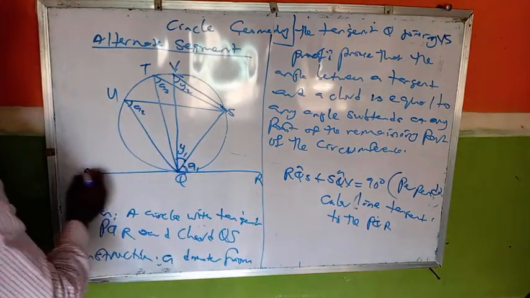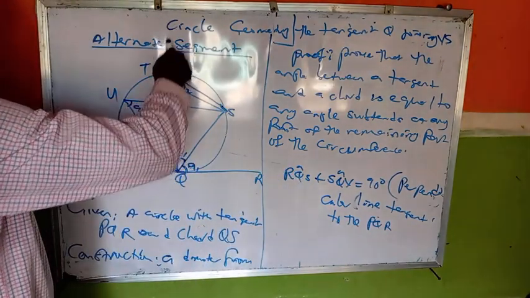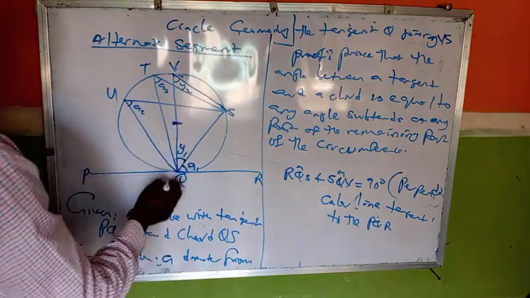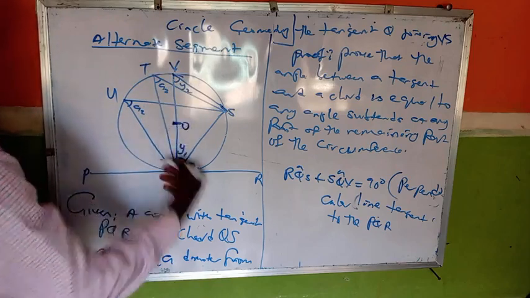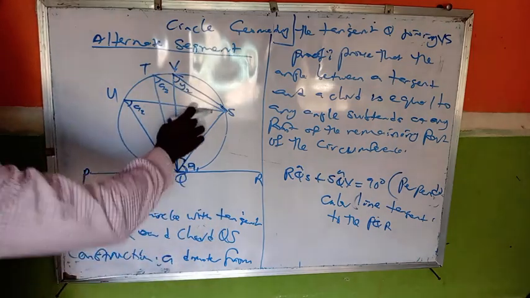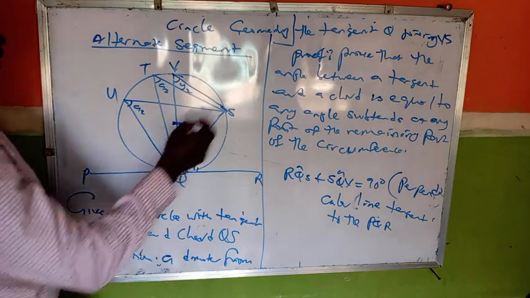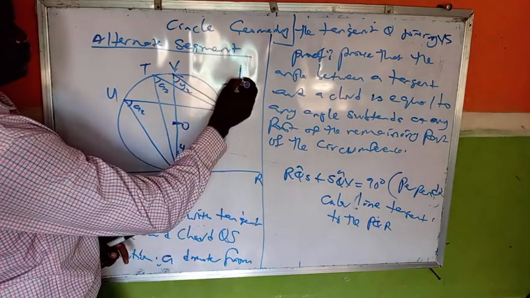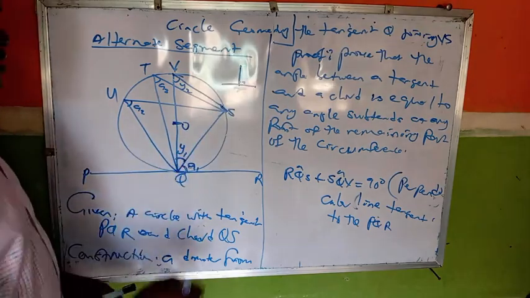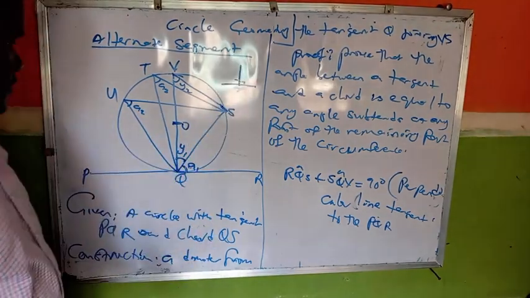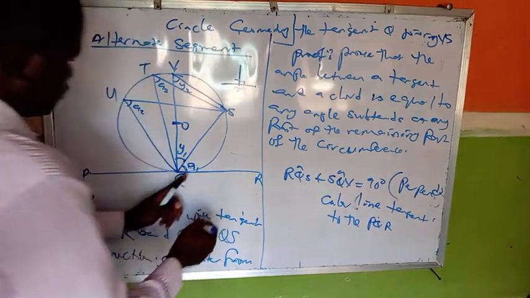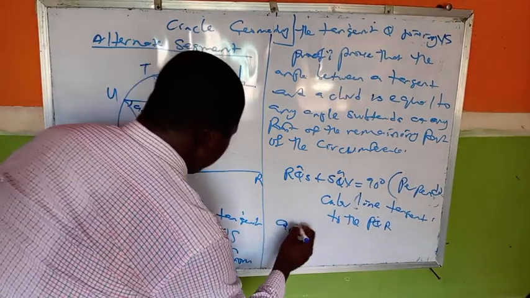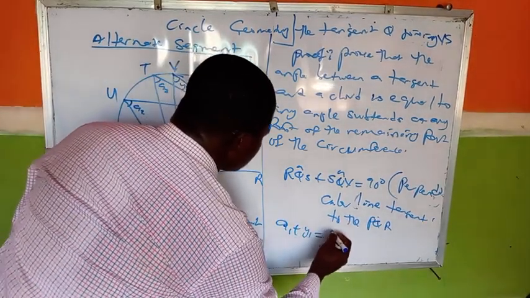This perpendicular line, here you have this diameter with center O. So this part is 90 degrees. Therefore, what you have here is A1 plus y1 equal to 90 degrees.